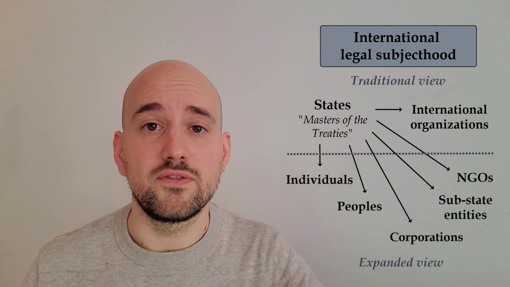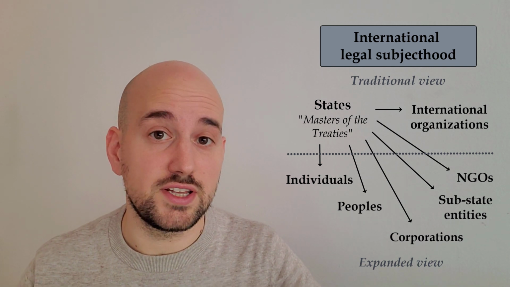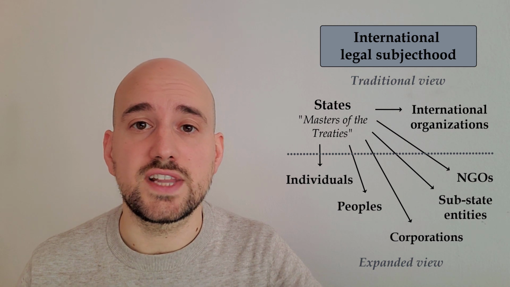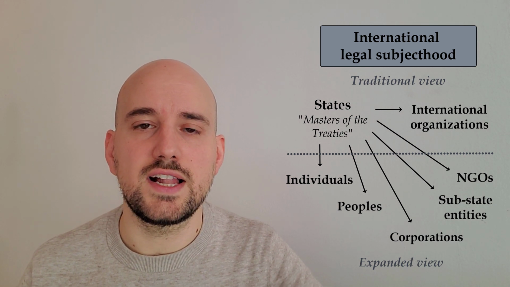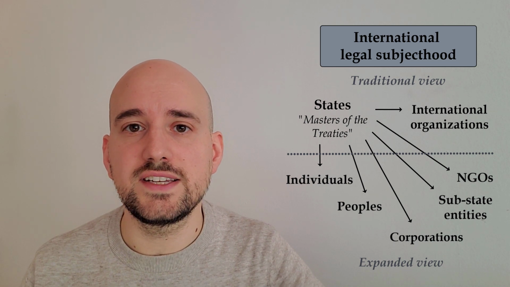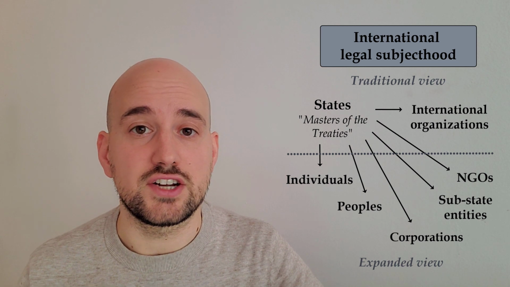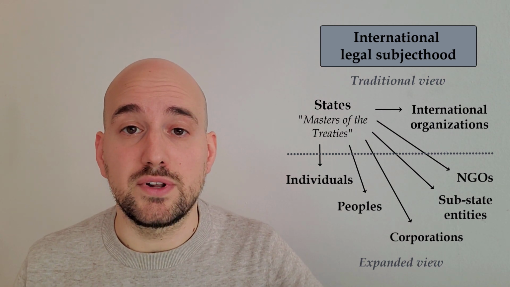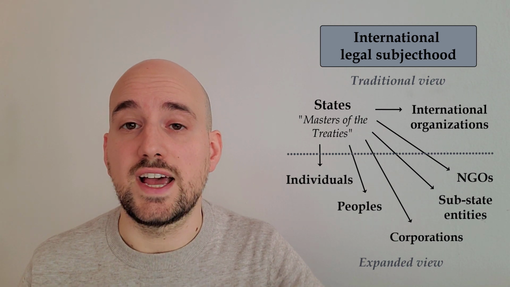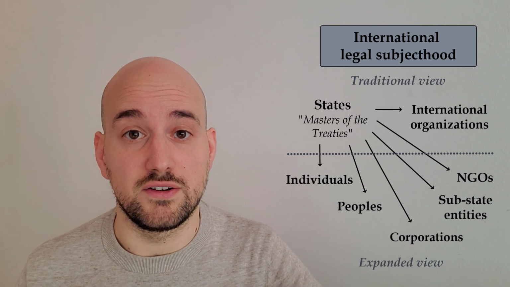Or think, for example, of NGOs, non-governmental organizations, who in various international organizations such as the UN can obtain observer status, can officially consult and support states in negotiations, for example, of treaties, can submit reports, but who also hold rights under international human rights law, for example, when it comes to the freedom of expression and their freedom to publish a report that, for example, is critical of a government.